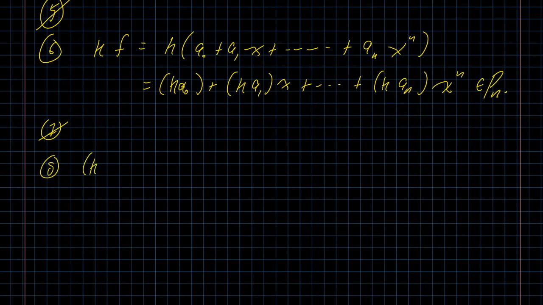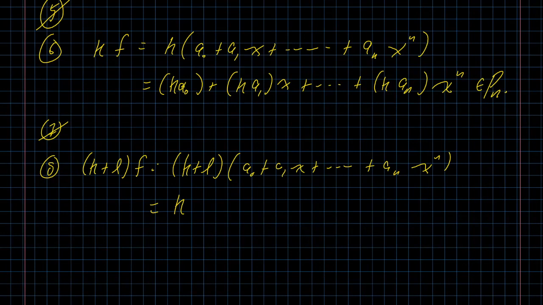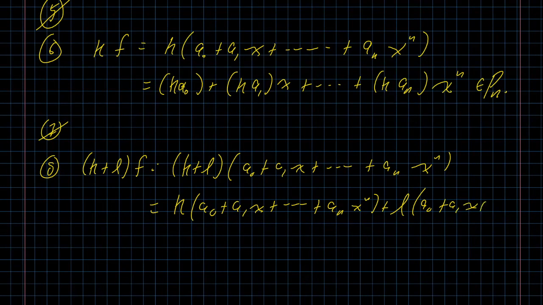This is k plus L times F is equal to k plus L times a naught plus a1x plus all the way down to an x to the n. And we can distribute the multiplication here, k times a naught plus a1x plus all the way down to an x to the n plus L times a naught plus a1x plus all the way down to an x to the n, which is exactly k times f plus L times f, and we are happy.